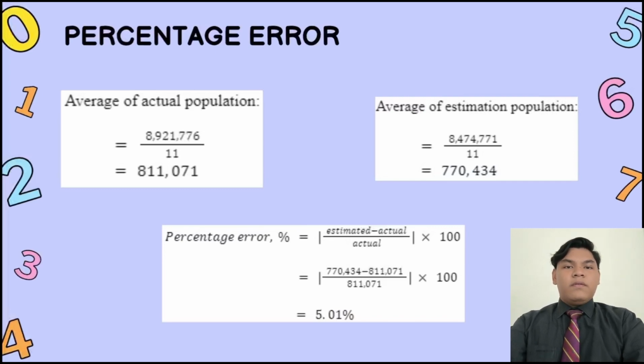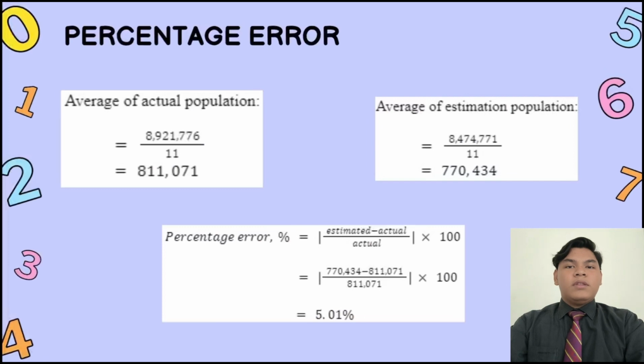Then we are required to find the average of the estimated population, which we got 8,474,771, and we divide by 11, and we got 770,434.